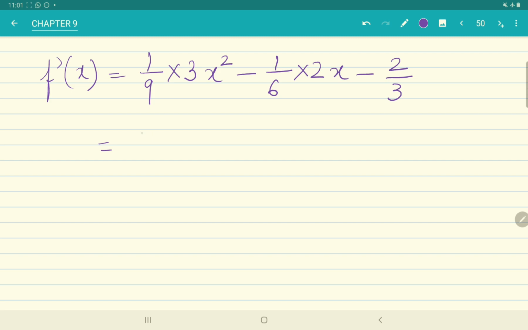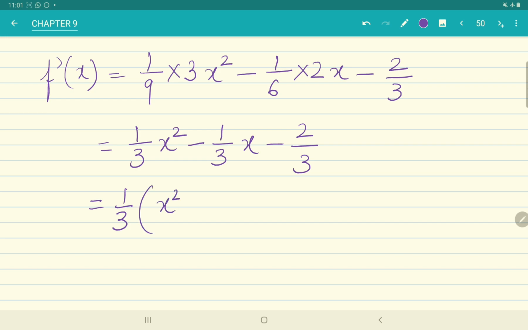So it is going to be equal to 1/3 x squared minus 1/3 x minus 2/3. And in this case, we can take 1/3 out, and we have x squared minus x minus 2.